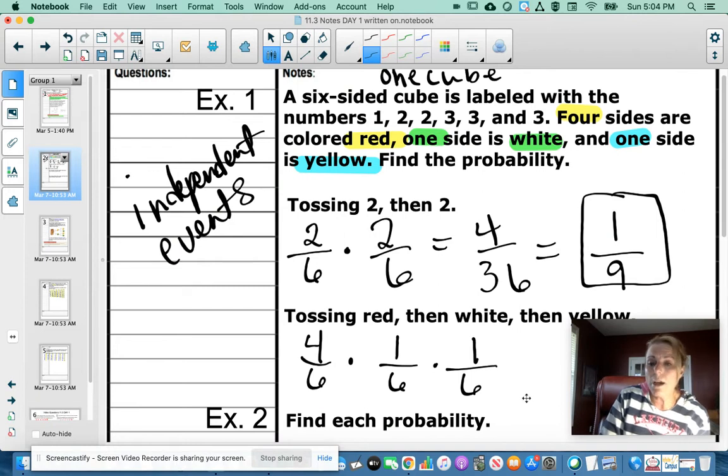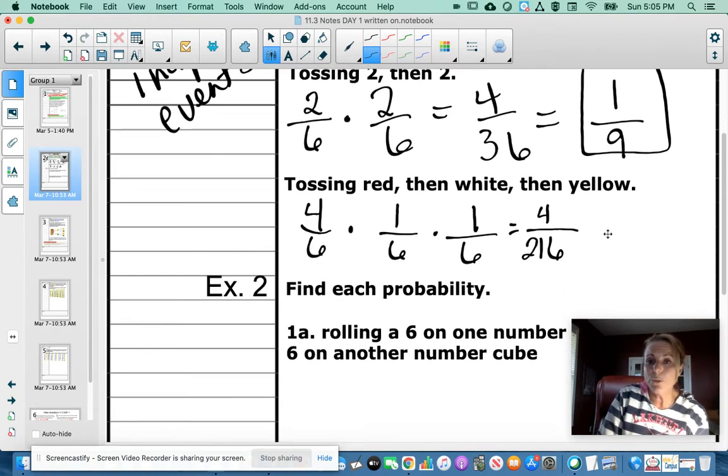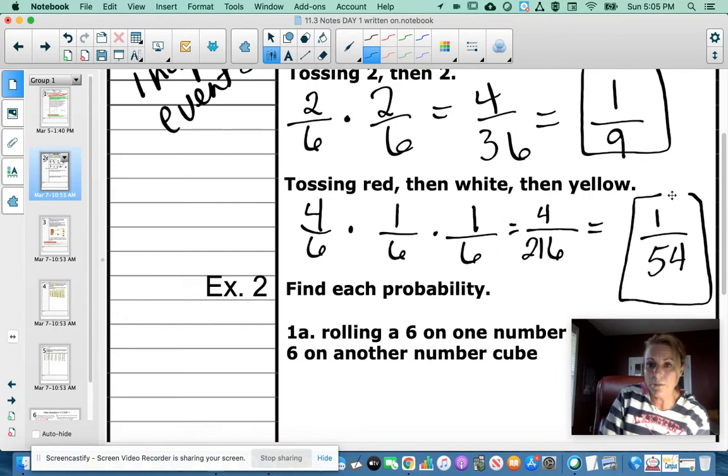And a 1 out of 6 chance of getting a yellow because only one of the sides is yellow. 4 times 1 times 1 is 4, and 6 times 6 times 6 is 216. If I reduce that, 4 goes into 4 once and 4 goes into 216 54 times. That is the probability.